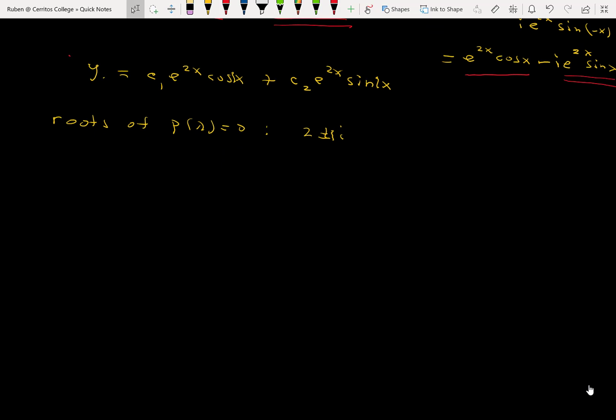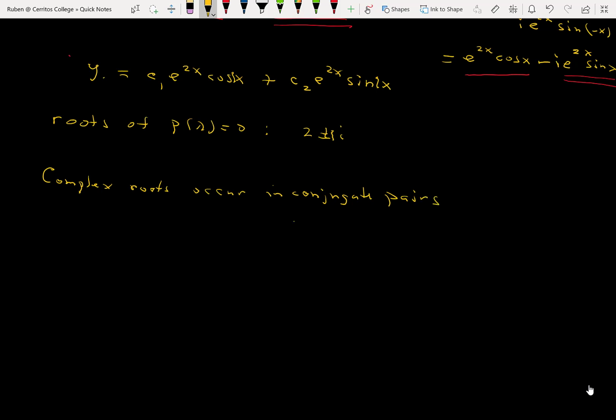A couple of things happen here. One is that complex roots occur in what are called conjugate pairs. Conjugate pairs.